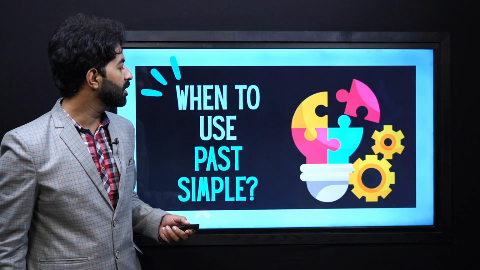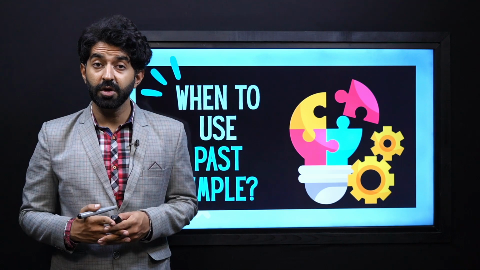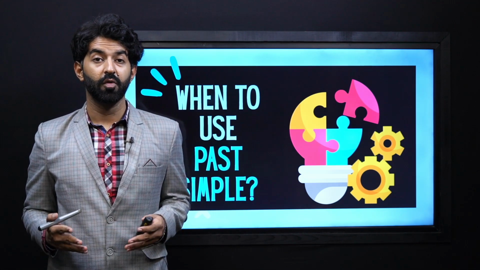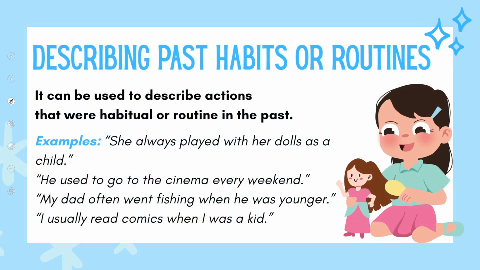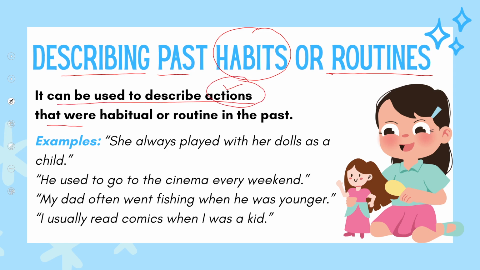Now, moving on, when do we use past tense, or when do we use our simple past tense? We use our simple past tense when we are describing past habits or routines. It can be used to describe actions that were habitual or routine in the past.